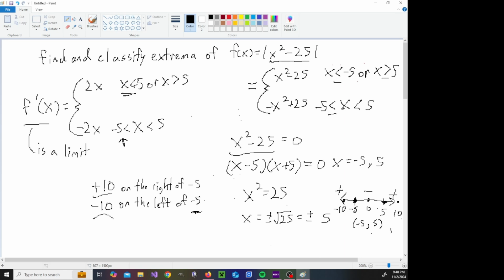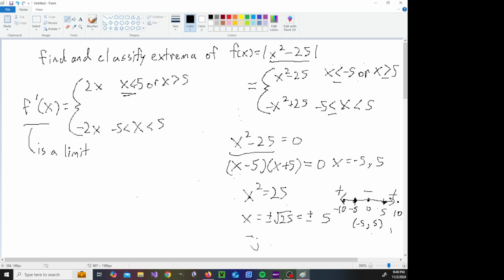So because they don't agree to the left and the right, my two-sided limit doesn't exist, so my derivative doesn't exist at negative 5 or positive 5. And I only showed the work for negative 5 right there, but the exact same argument happens at positive 5 as well.